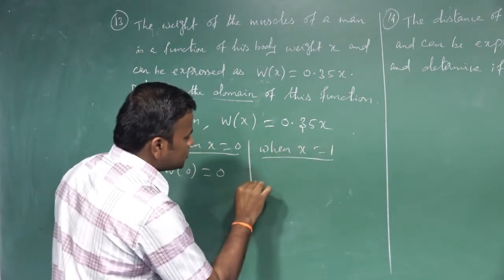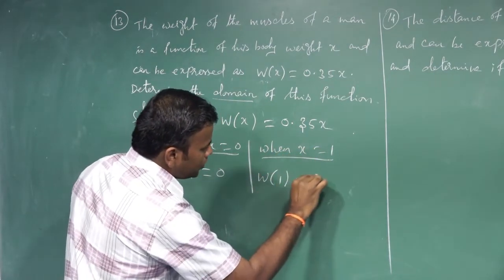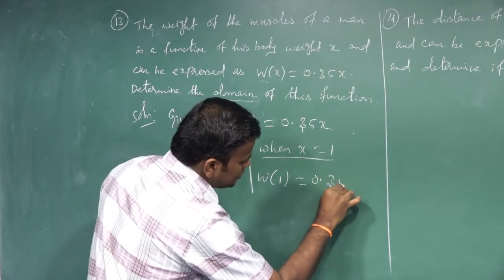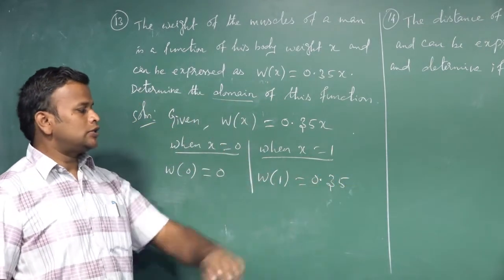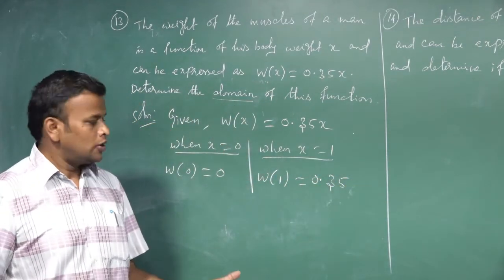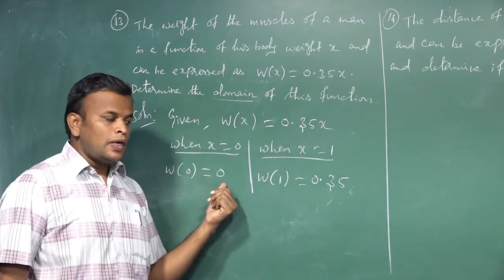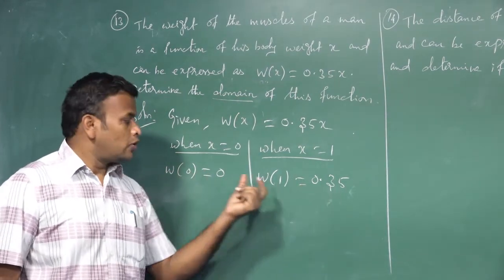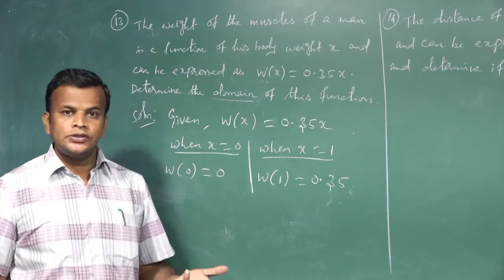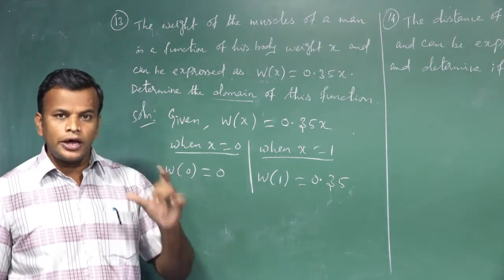Suppose x is equal to 1, W of 1 is 0.35 into 1, which is just 0.35. You see it gives a value of 0 or 0.35. But a human body weight cannot be 0. At least it has some form of weight.